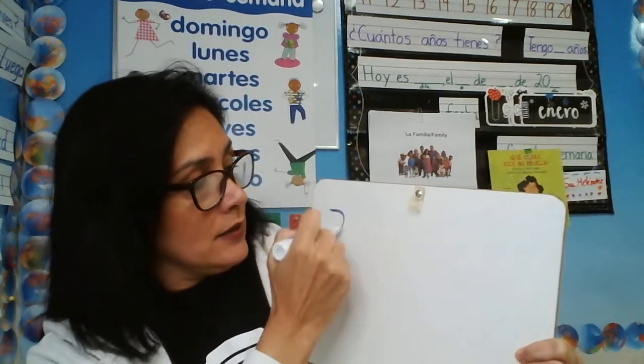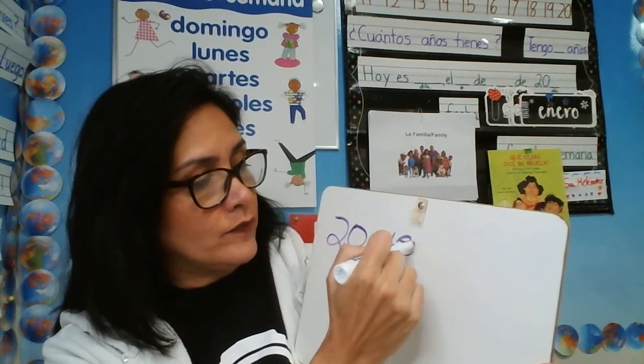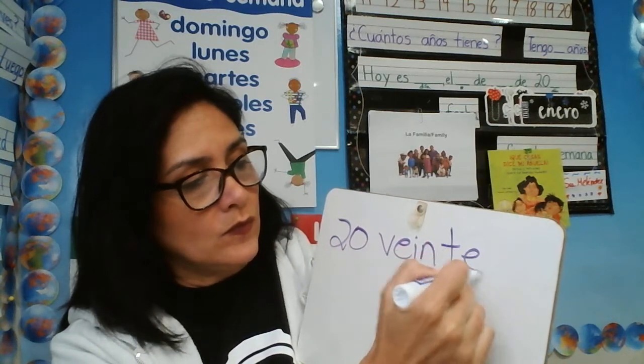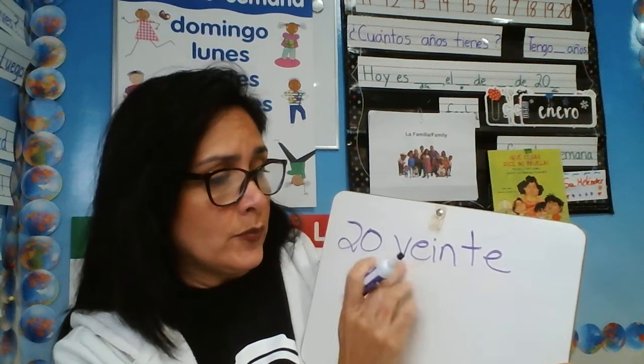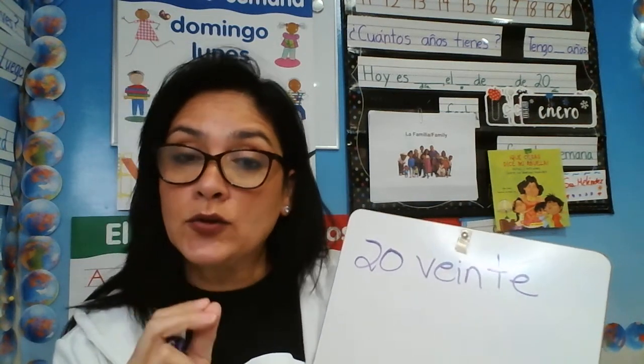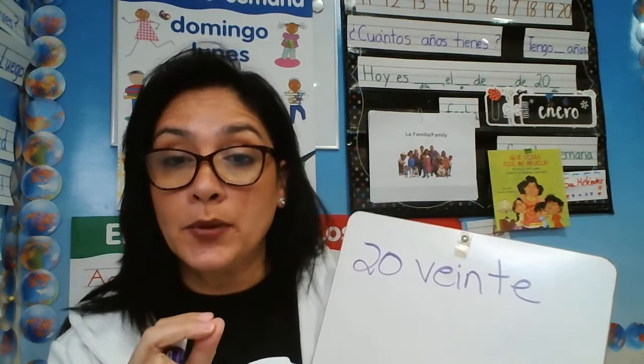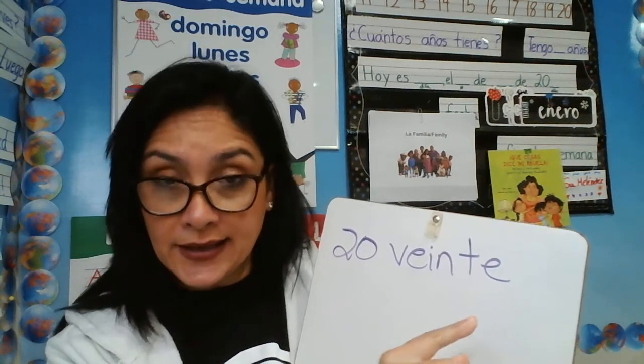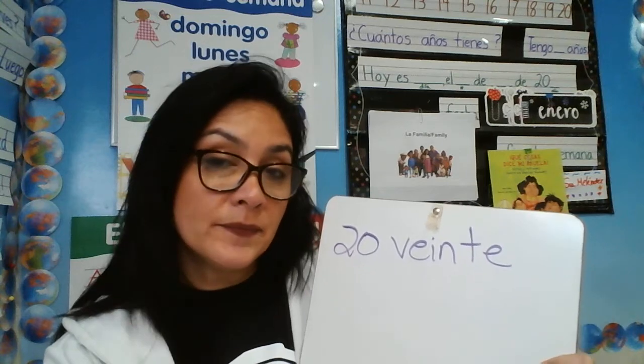When we get to 20, and in primer grado, in kinder and first grade, we're going to stop at 20. Vamos a pronunciar, we're going to pronounce the V here with like a little B sound, like a soft letter B. 20. Repite 20.